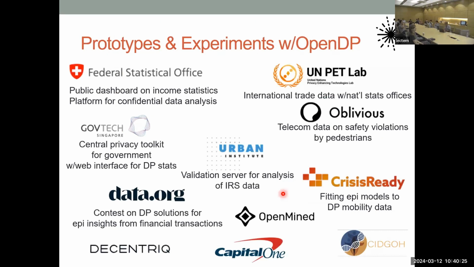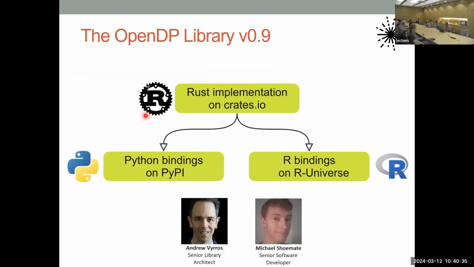And then we're working with a number of other partners on other deployments. Probably the biggest partner along those lines has been the Swiss Federal Statistical Office, and we have a number of projects underway with them.